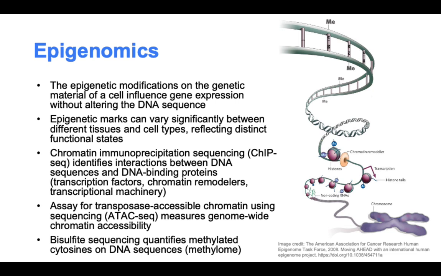Another type of epigenomic technology that's common is genome-wide chromatin accessibility characterization. ATAC-seq stands for Assay for Transposase-Accessible Chromatin using Sequencing. This method differs from ChIP-seq in that it is agnostic to the specific proteins themselves.